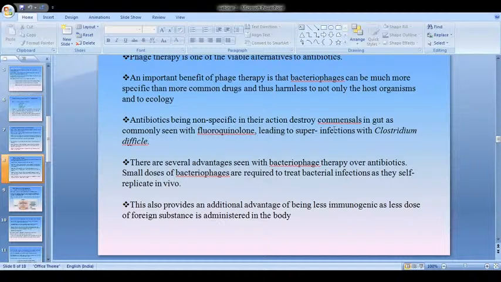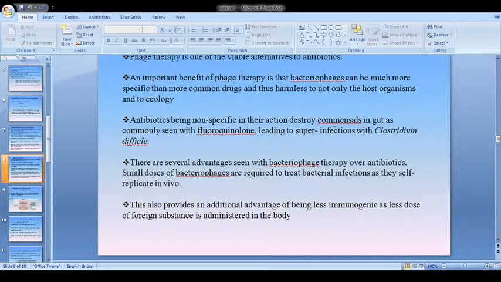There are several advantages seen with the bacteriophage therapy over the antibiotic, and small doses of bacteriophages are required. No need for large doses, high amounts of doses. Small doses are enough to treat the bacterial infections as they self-replicate in vivo.